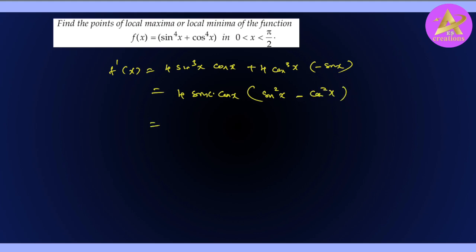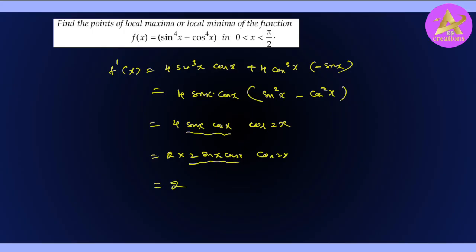This is equal to 4 sin x cos x times (sin square x minus cos square x). Can I take minus cos 2x? Okay, 4 can be written as 2 into 2 sin x cos x cos 2x. Again we know that 2 sin x cos x can be written as sin 2x, so we have sin 2x cos 2x.